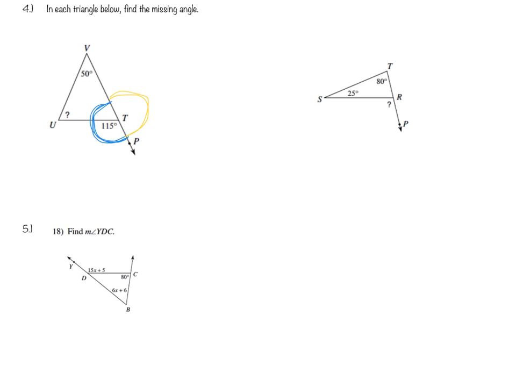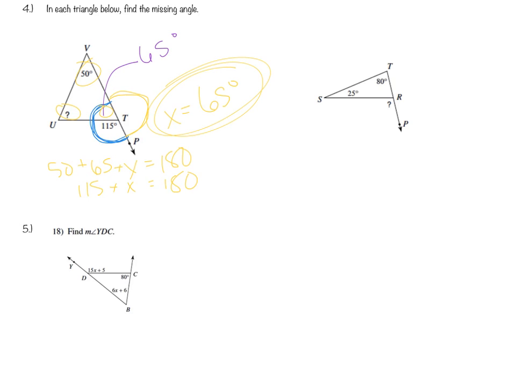So this inside angle has to add with 115 to make 180. So it's 65 degrees. And then we know that this angle plus this angle plus this angle is 180. So 50 plus 65 plus x equals 180. 50 and 65 makes 115. So the missing angle is 65 degrees.